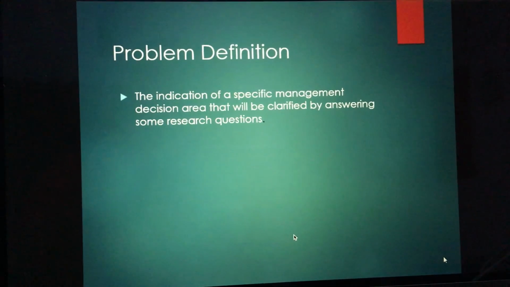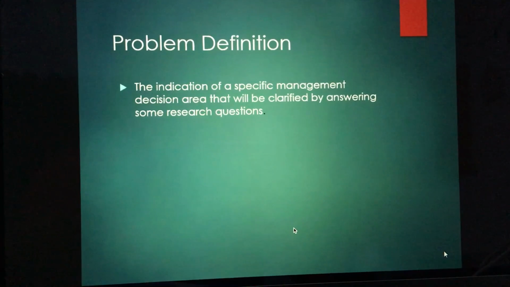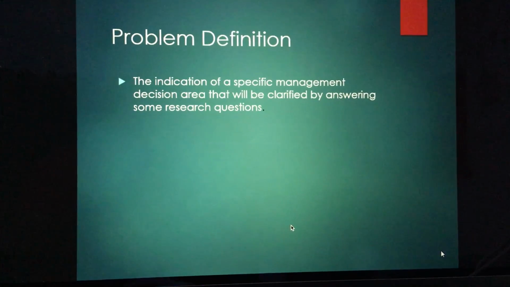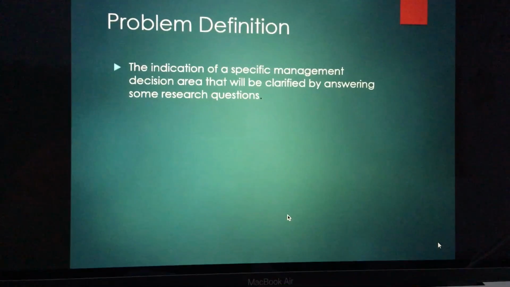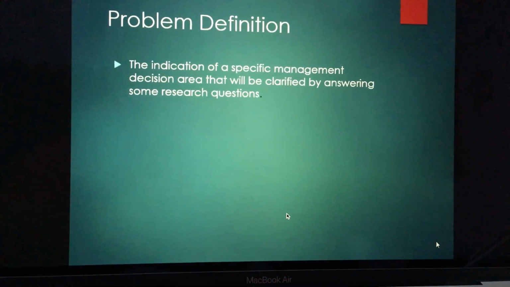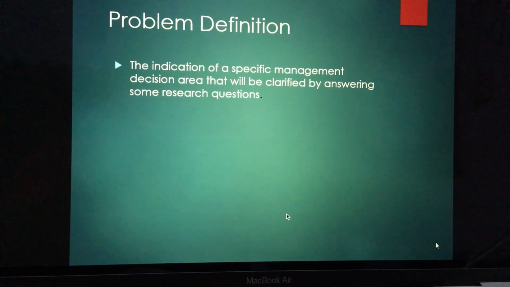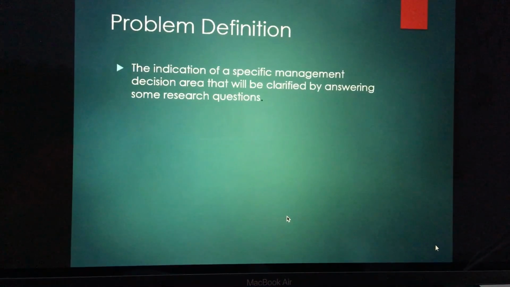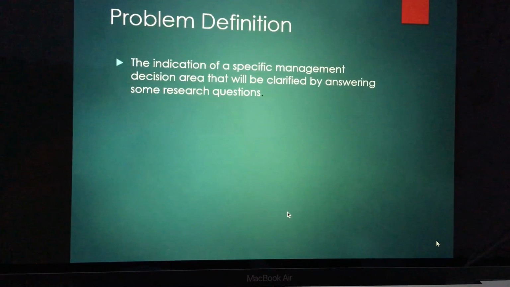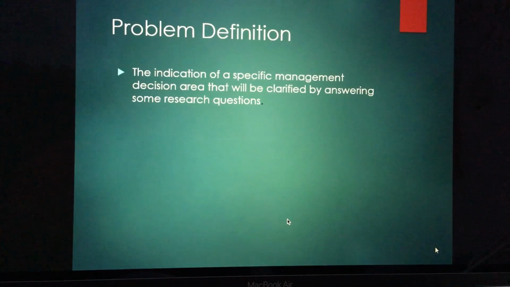One example is this. You have a new product, you're going to introduce this new product, and you have two options. Let's say you can price it very high or you can price it very low. So these two options are there, and you have to choose between these two.